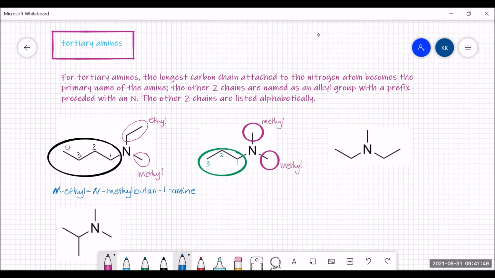So this is a dimethyl propan-1-amine, but both of the methyl groups have to get an N. So this is N,N-dimethyl propan-1-amine.